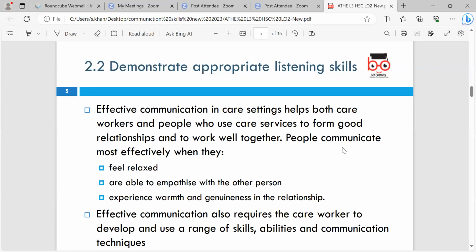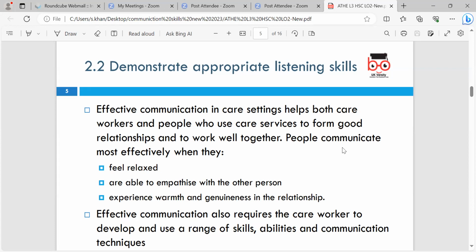Sometimes you don't have proper listening, so you get miscommunication. You don't understand what they're saying. If you don't listen, you interpret the message ineffectively.